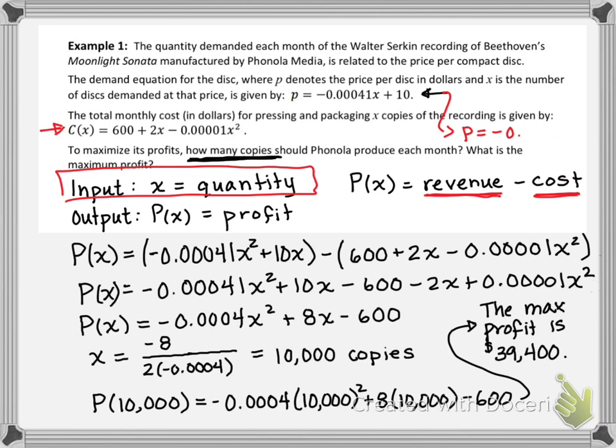And not being able to fit it. So P equals negative 0.00041 times 10,000 plus 10 gives you what? 4,010 or is it $14.10?